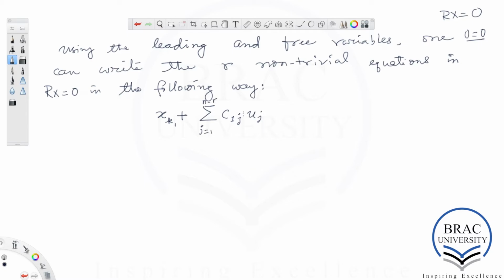Okay, so it's important to know that these c_1j have something to do with the original matrix R. You can read these c_1j from this matrix R, but it's better to think of them as separate coefficients attached to the free variables of the system.